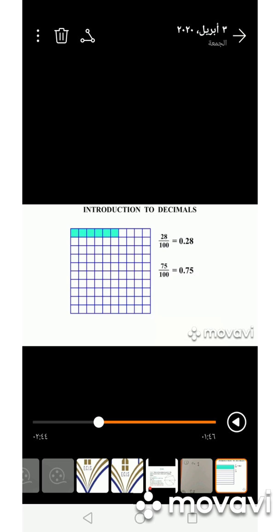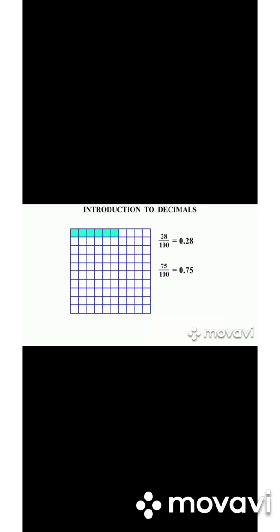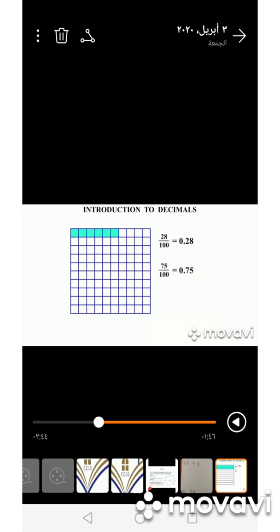If we shaded this part, how many squares are shaded now? Let's count them. 1, 2, 3, 4, 5, 6. We have 6 squares shaded out of 100. So our fraction now will be 6/100.